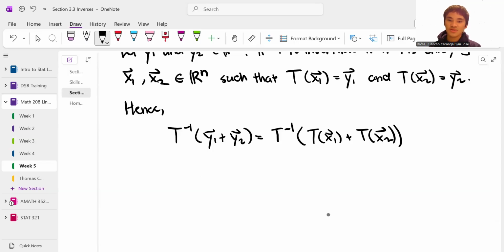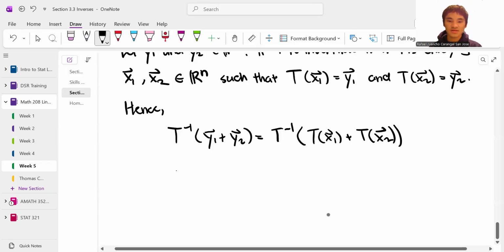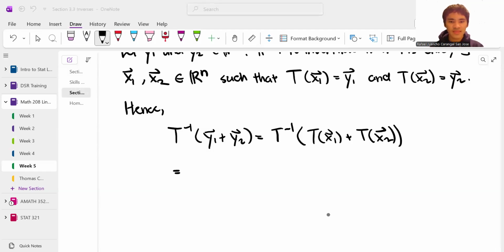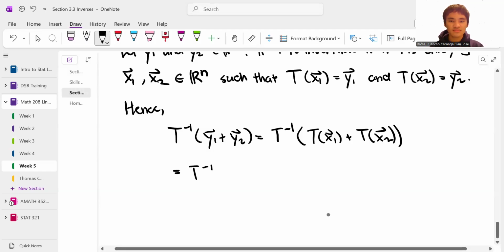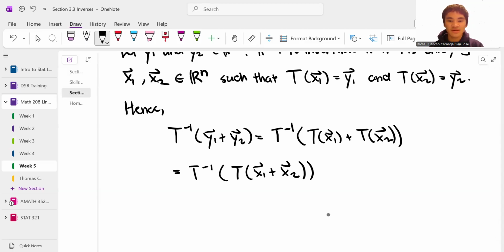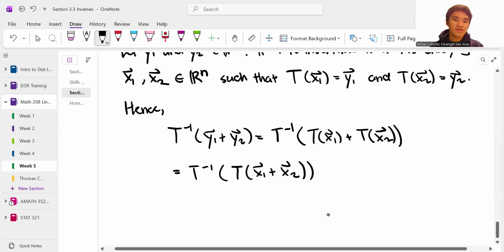We just turned them into the linear transformations. And then continuing on from there, since this whole thing is a linear transformation, there's this property where we can just add these two things and they would be the same thing, right? Then remember that these inverses cancel out, so we would still get that same output.